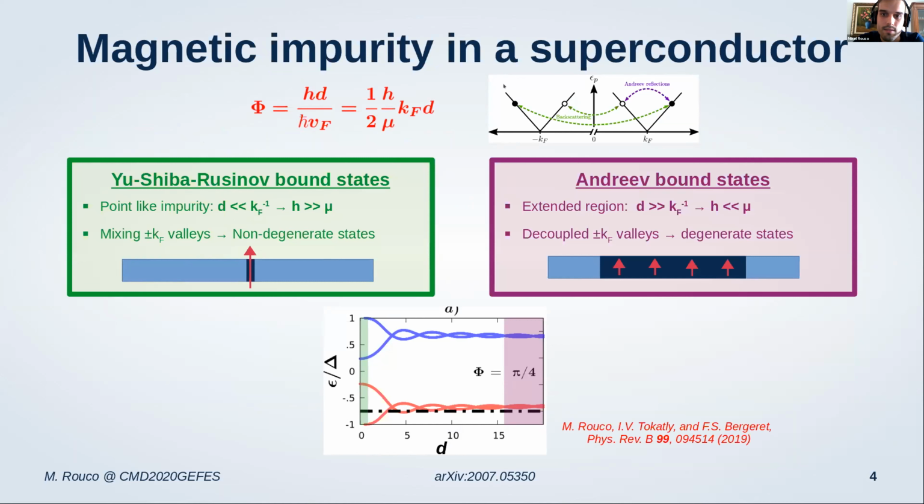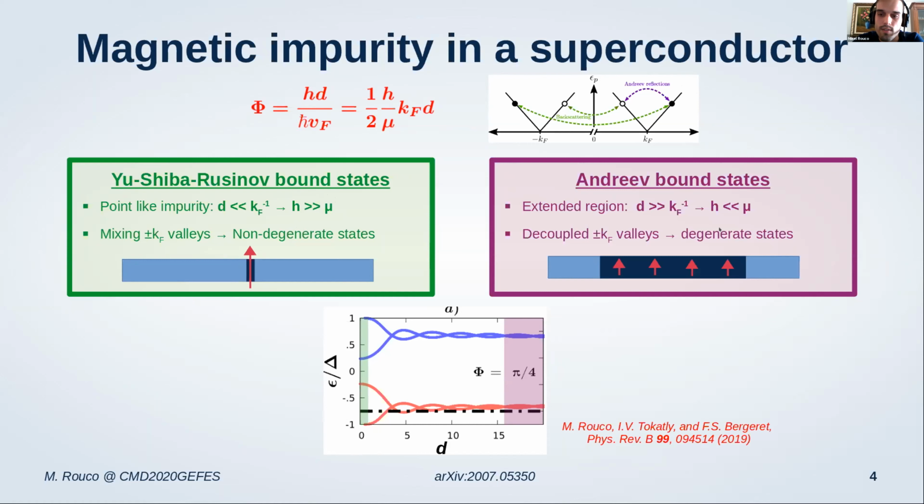In this case, recalling the typical picture of the superconducting spectrum with the two electron-hole valleys at the two Fermi surfaces, such a strong exchange field couples both valleys, and then we obtain some non-degenerate bound states known as the Yu-Shiba-Rusinov bound states.